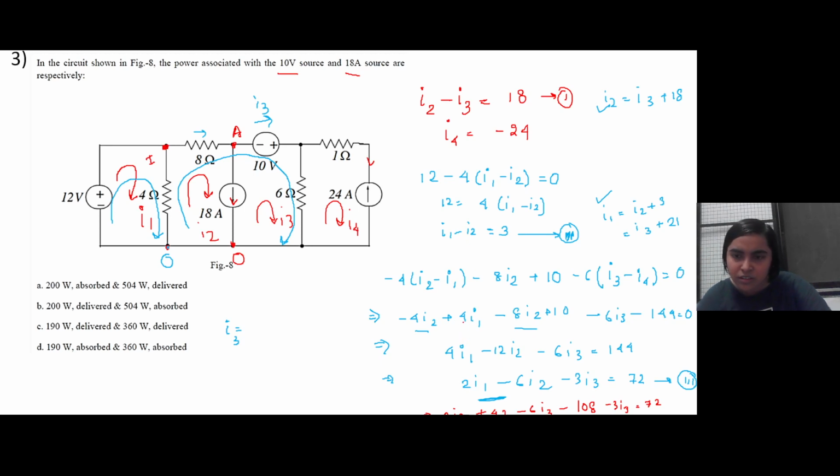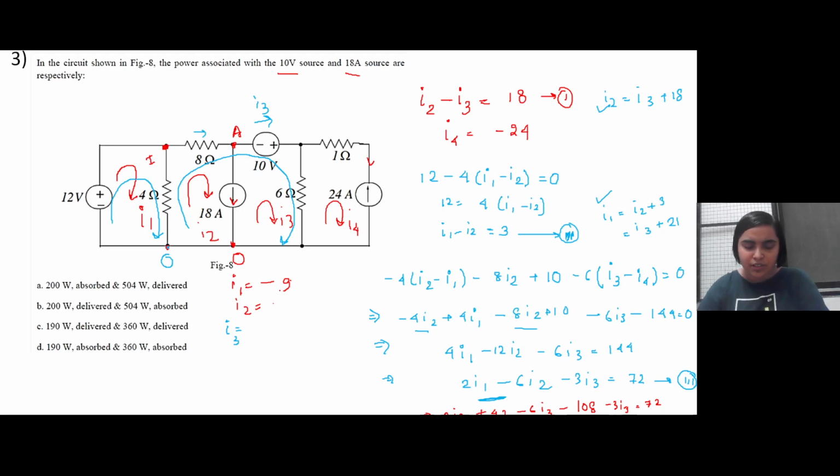Minus 9, minus 12, minus 6. Okay, you're talking about I1, I2, and I3. Yes, ma'am. I1 is minus. Sorry, could you repeat that? Minus 9, minus 12, minus 6. Those are not the values that I actually got.